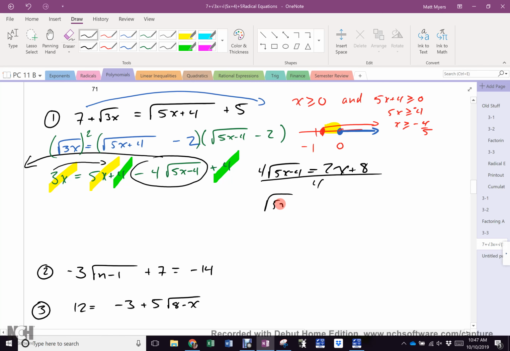So I had root 5x minus 4 equals 1/2 x plus 2, which is, of course, 1/2. So I would have had root 5x minus 4 equaled x plus 2 over 2. x plus 4 over 2, sorry.